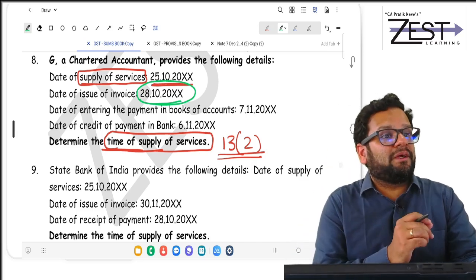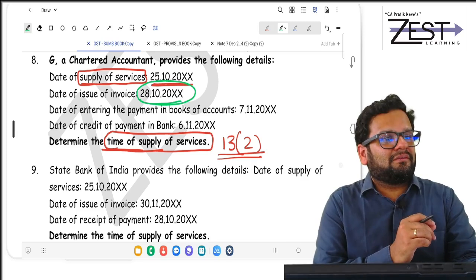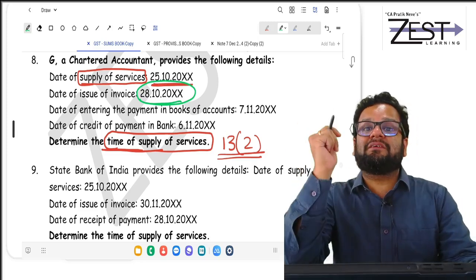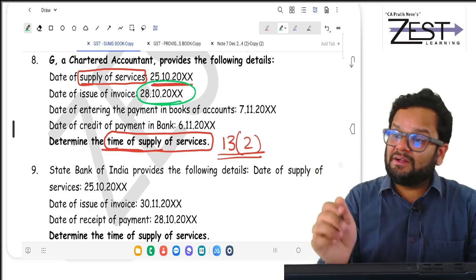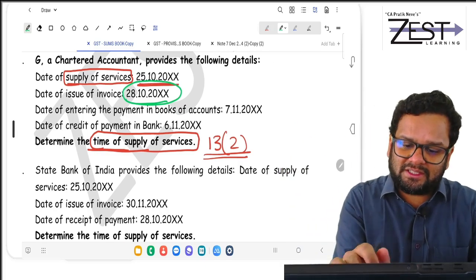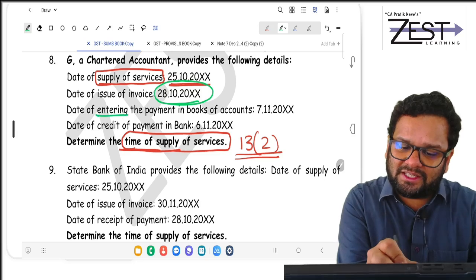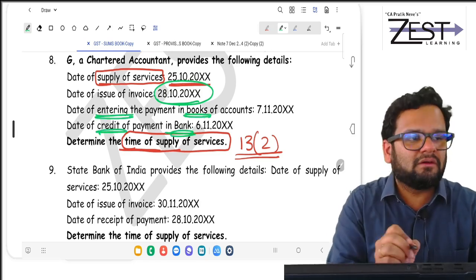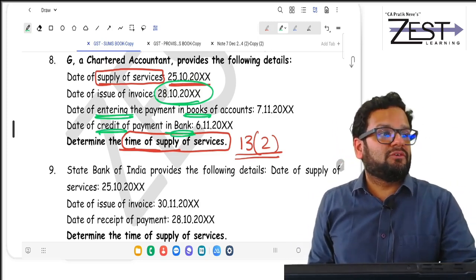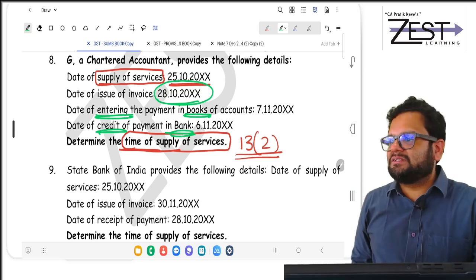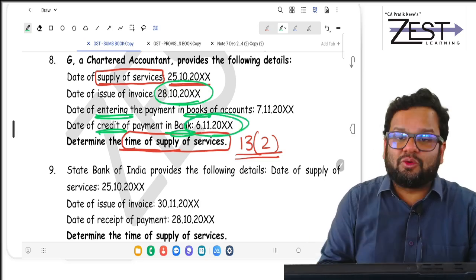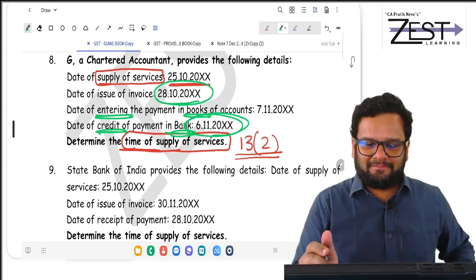But it has to be compared with which date? Date of receipt of payment. When is the payment received? There are two dates. One is entry in the books or one is credit in bank. Which one will you consider? Whichever is earlier. So which is earlier? 6/11. So what is your finally time of supply?